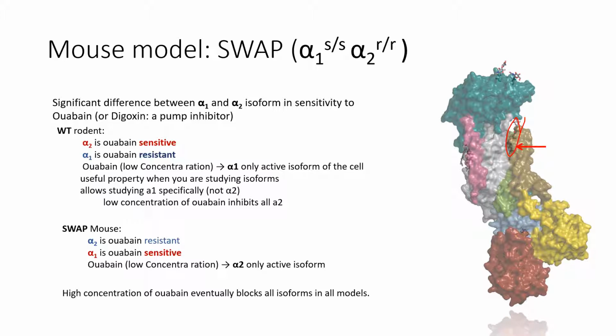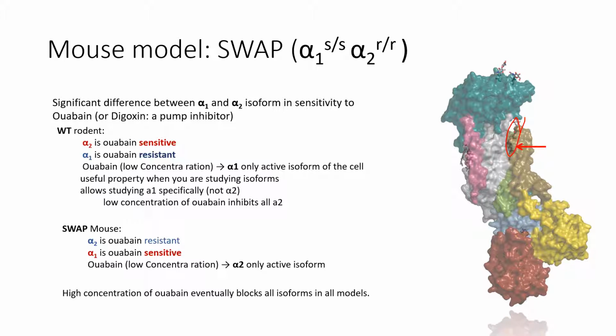So with treatment with a low concentration of ouabain, you get alpha-1 as the only active isoform of the cell in wild-type rodents. It's a very useful property when you are studying isoforms, but it allows studying alpha-1 specifically, not alpha-2, because the low concentration of ouabain inhibits all alpha-2.